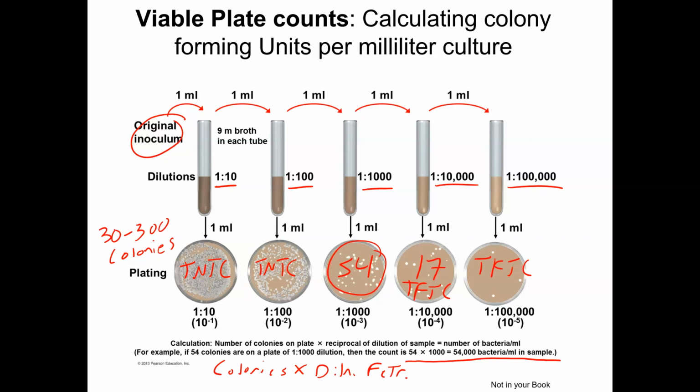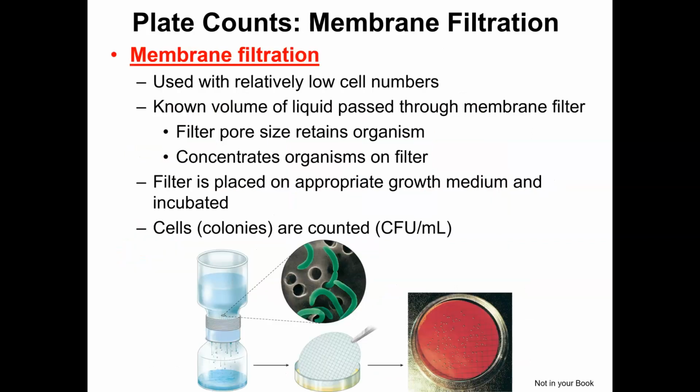Okay, so that would tell you how many living cells were on that food item to start. It's a very humbling lab because most folks find out there's way more bacteria on your food than you ever considered.